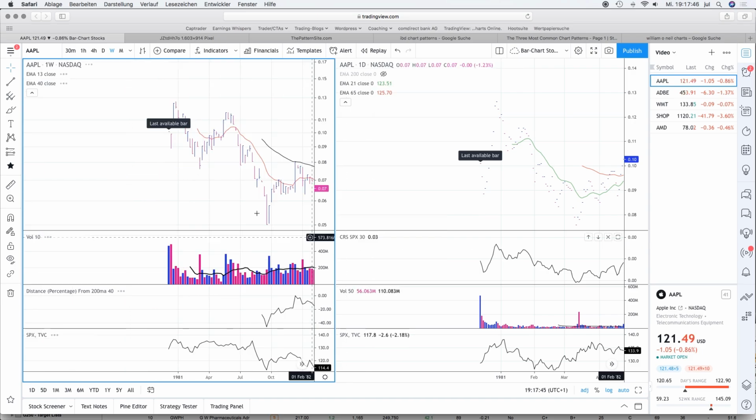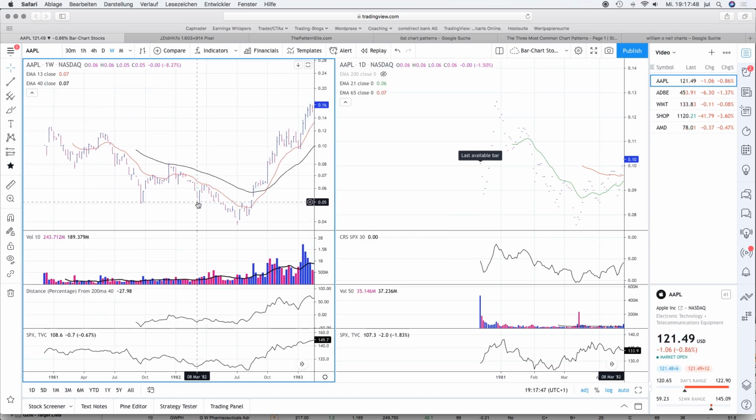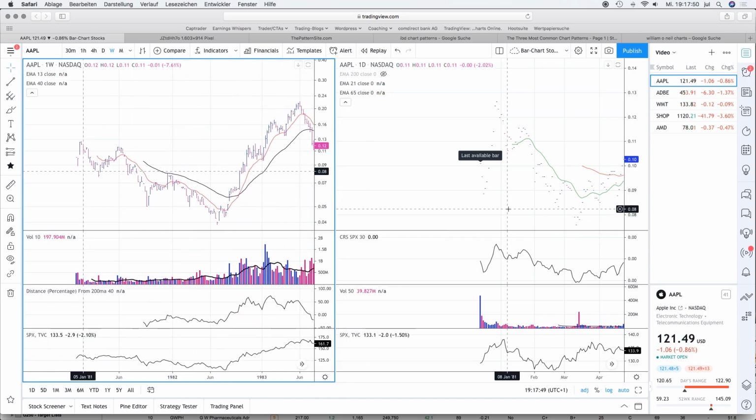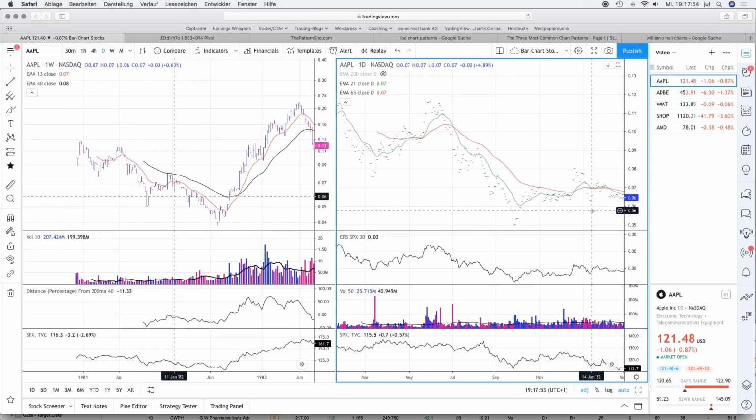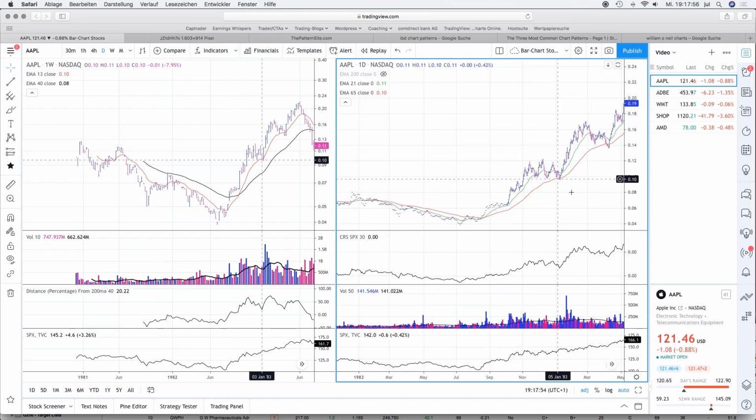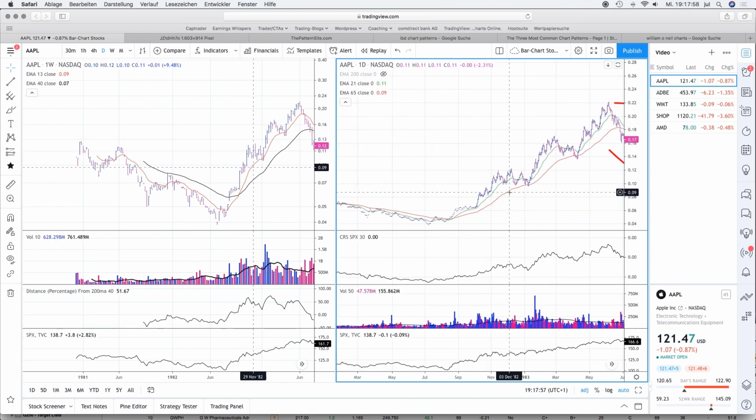So for example, I go back and scroll and zoom out a little bit, and then I can adjust my daily chart here and bring them to the same situation. And you can see that the cursor is mirrored in the weekly and in the daily chart. And then you can see exactly in the weekly chart and in the daily chart the same situation.